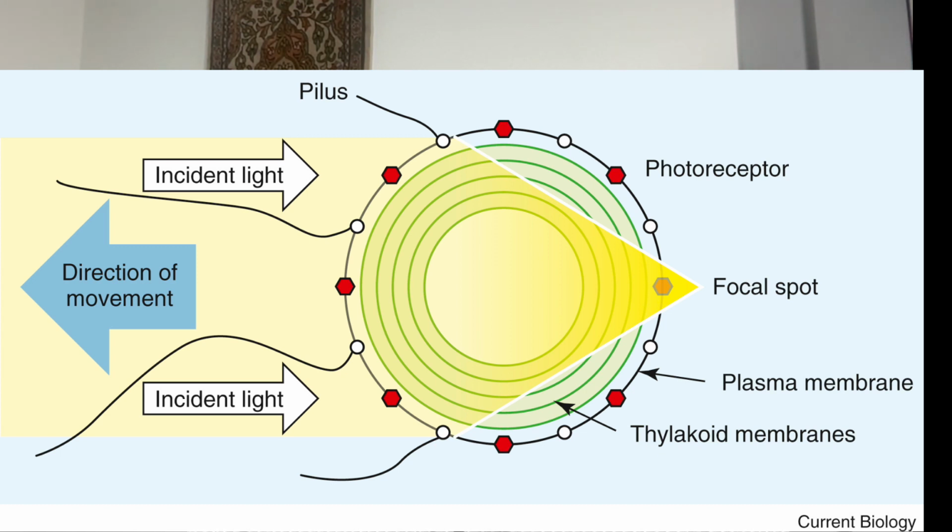That means there's information encoded here. When the light hits one of those spots, it knows that the light is coming from the opposite direction, so it knows how to orient itself and where to go to maximize its photosynthesis. So light received and reacted to.